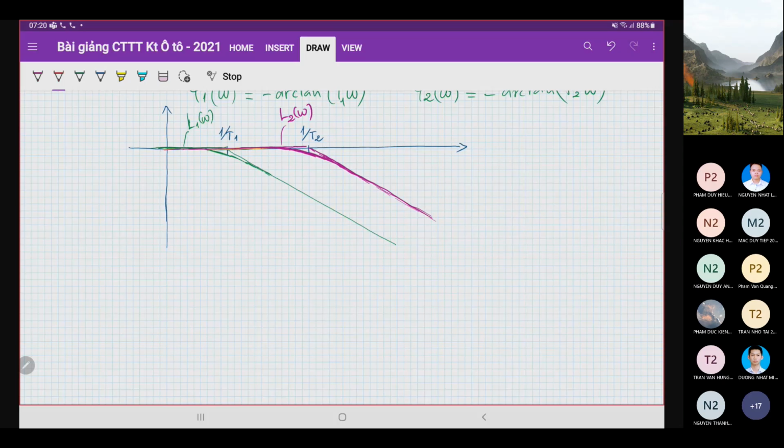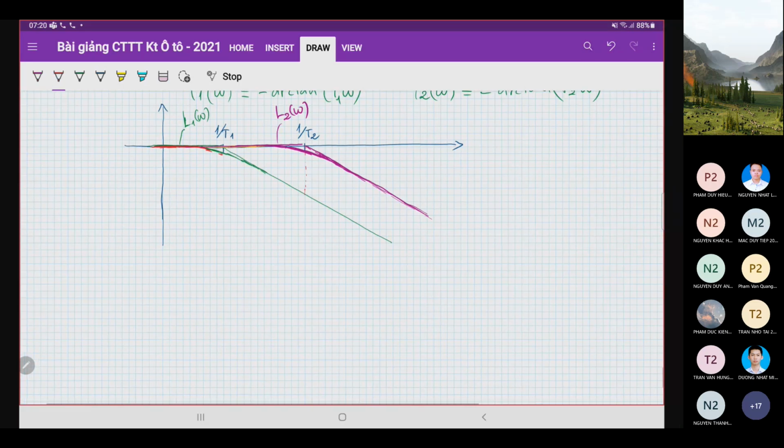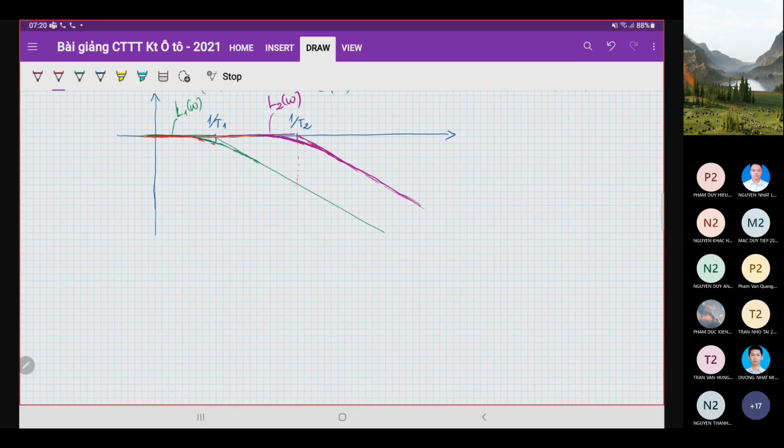Okay, so the final one should be, you see here, first it comes to the same, and here it will add with another 20 decibel per decade line, and we have here the second one, 20 decibel per decade here, right?